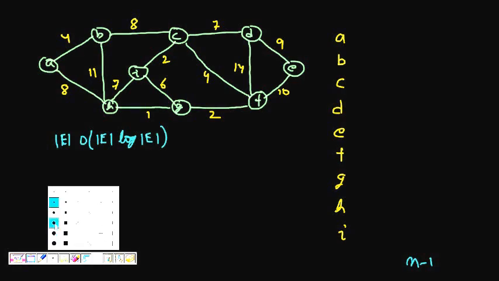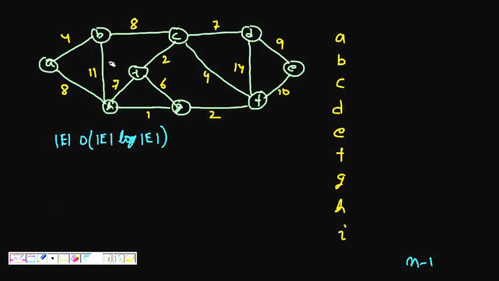Let's see from here with the example, which will make it much clearer. So I make sets A, B, C, D, E, F, G, H, I. These are the sets. Then we sort the edges in non-decreasing order, and take the smallest edge first. Which is the smallest here?